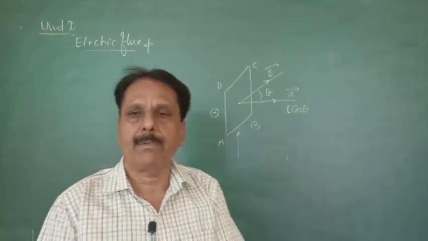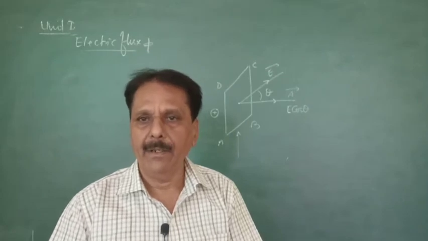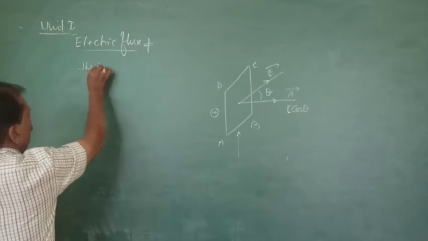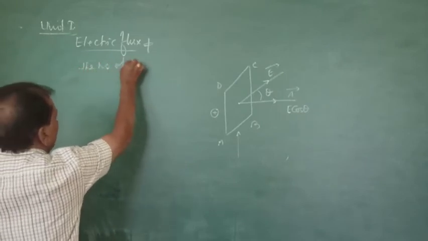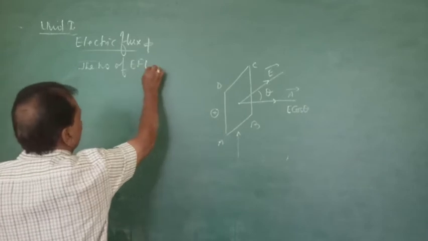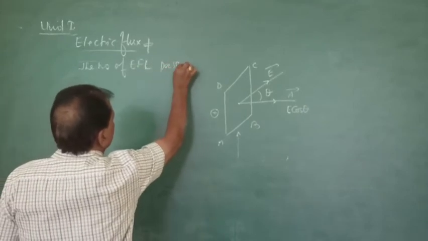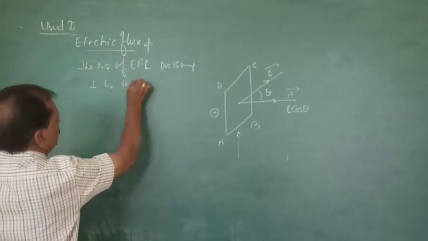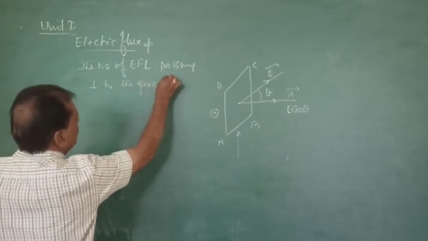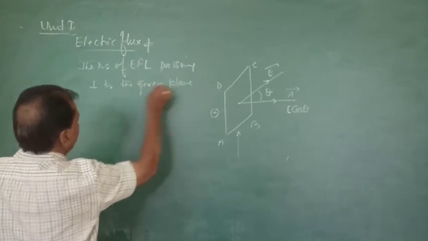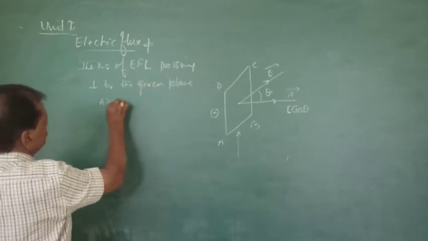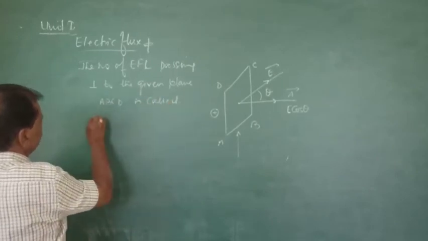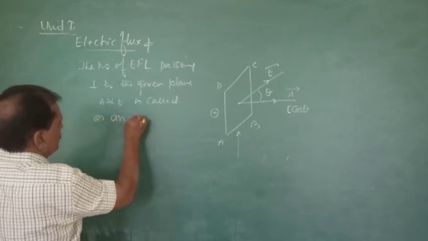By this concept, we can define electric flux, that is the number of electric field lines passing perpendicular to the given plane ABCD is called an electric flux.